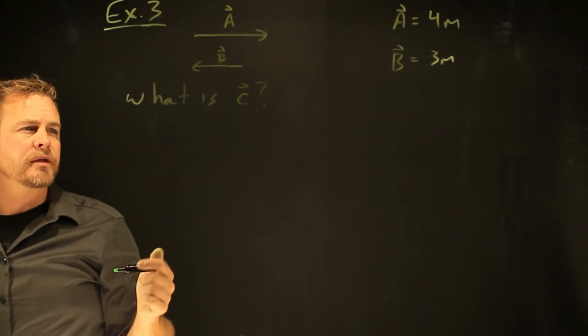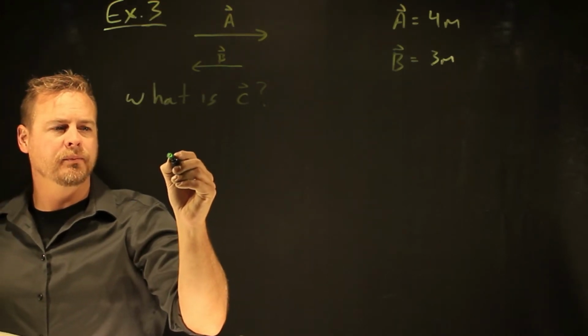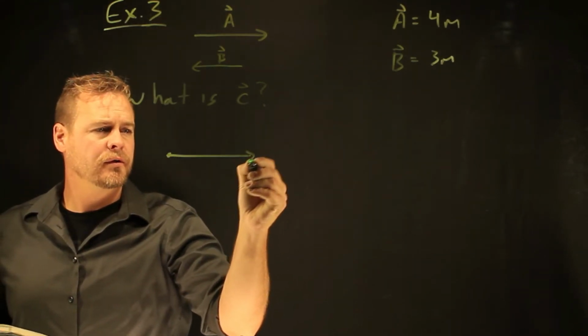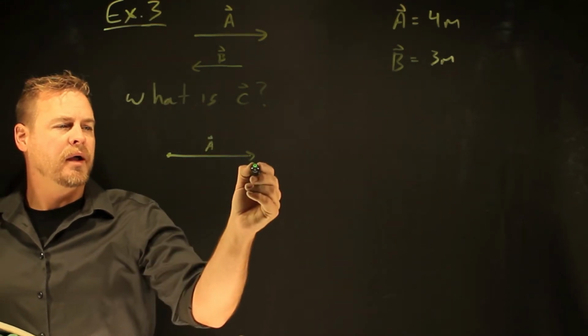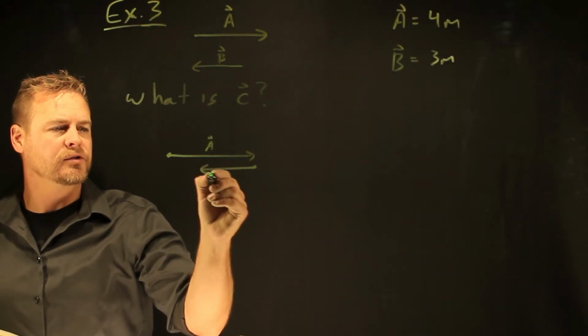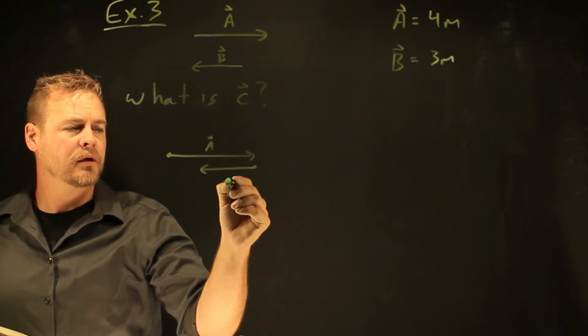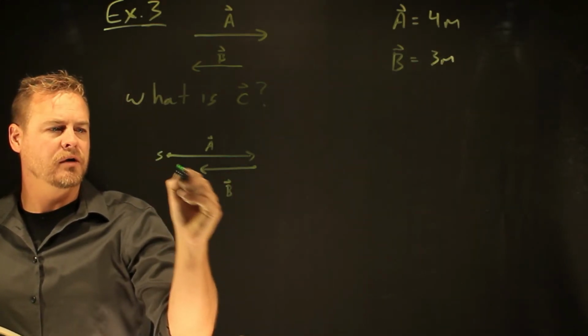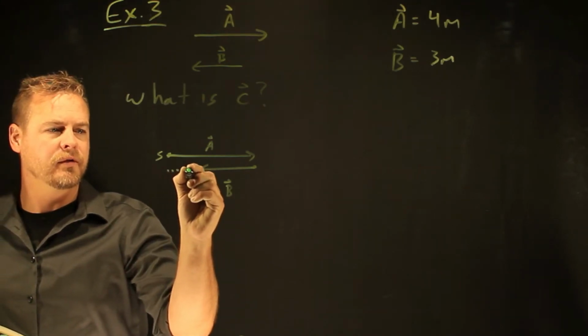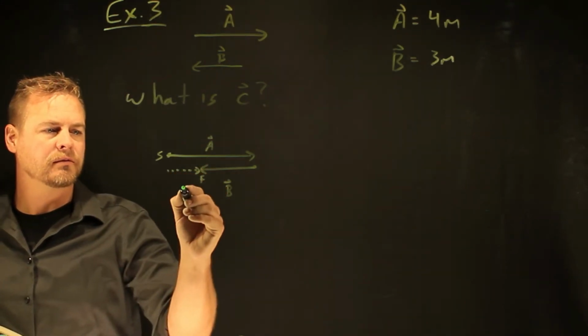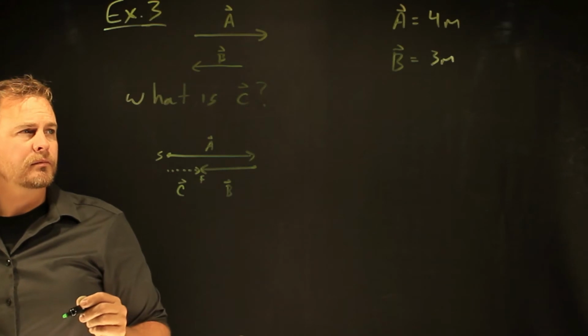So how do you deal with this? Well, it's the same way. My start to finish of my A vector, my start to finish of my B vector, and here's where the start and final finish is helpful because I know the direction of my C.